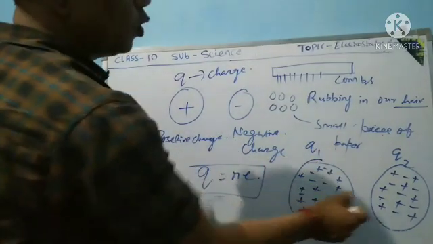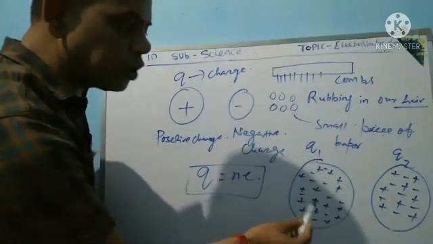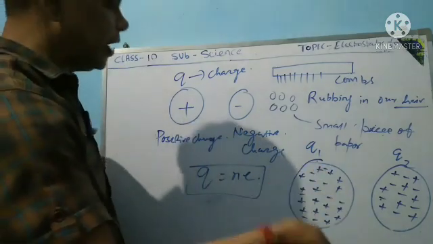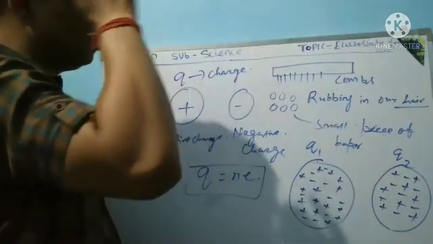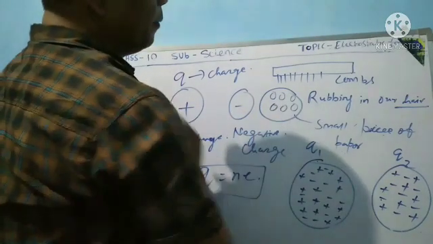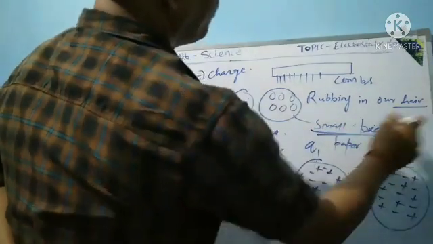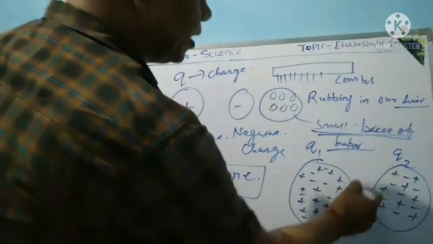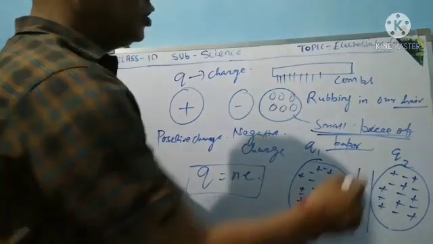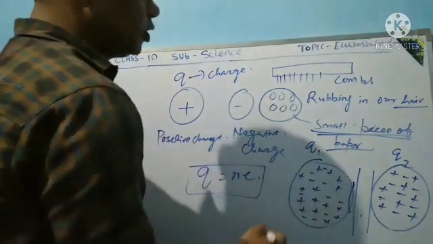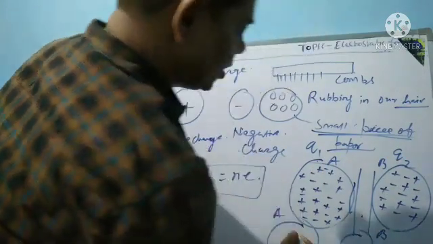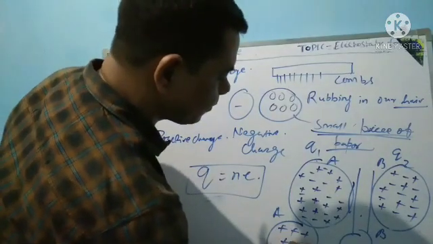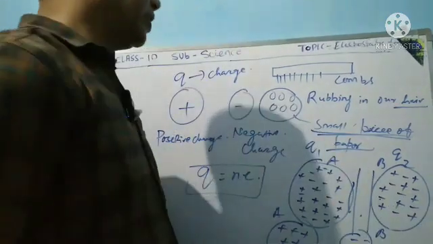Both are rubbed together, and the comb is rubbed on the hair, and then a small piece of paper is brought into contact. When the two are rubbed against each other, some charges go to A and B. One is positive charge and the other is negative charge.